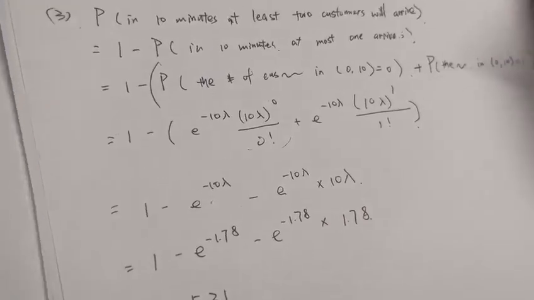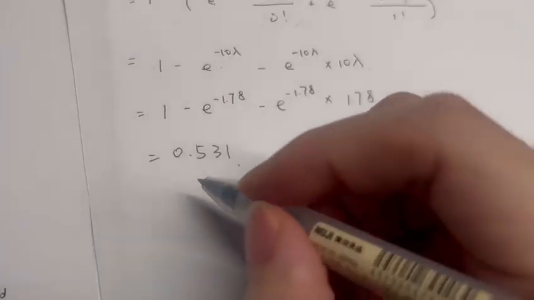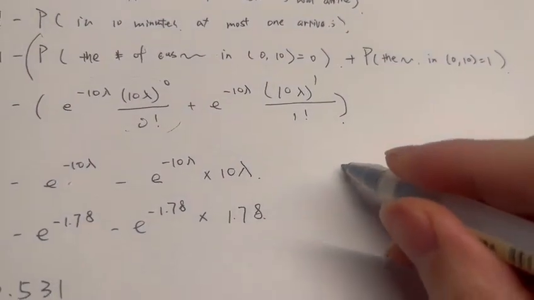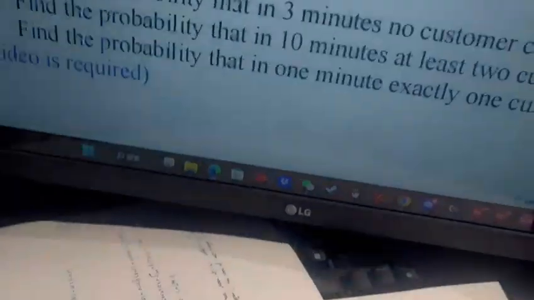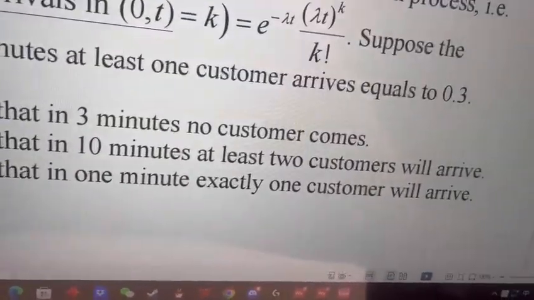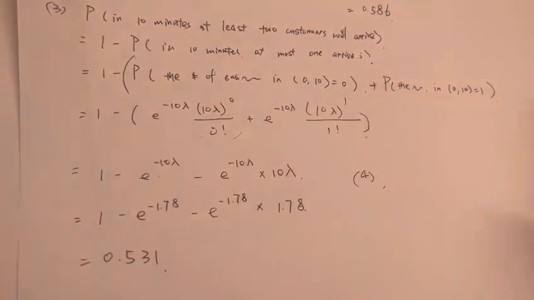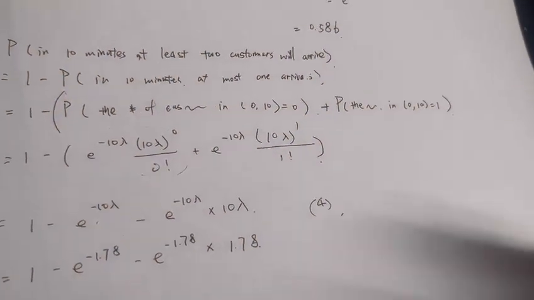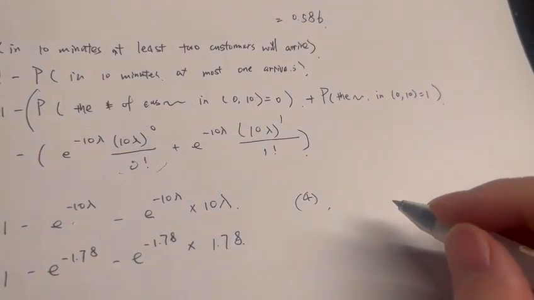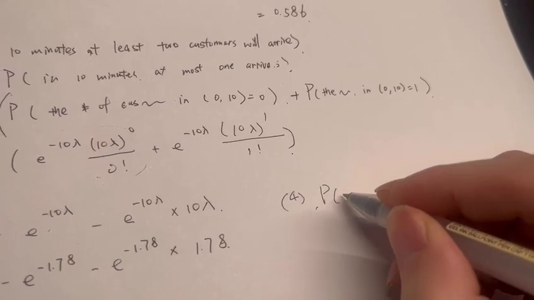And there is the last question, number 4. It asks us to find the probability that in one minute exactly 1 customer will arrive. We can directly use the form provided.